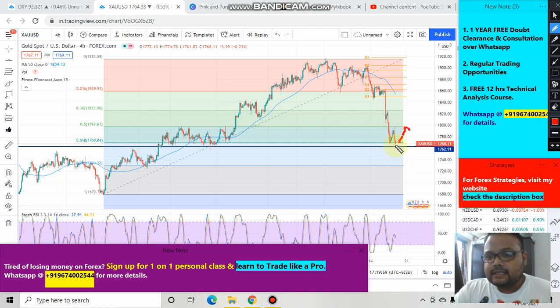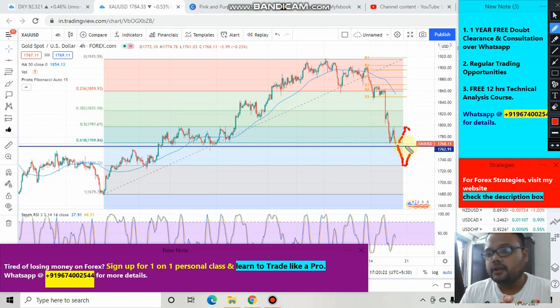Let's assume the market falls sharply after the opening. Wait for the pullback, wait for the market to retrace. When the market retraces, look at the Fibonacci level, and when it goes down again after the retracement, you can short the market.